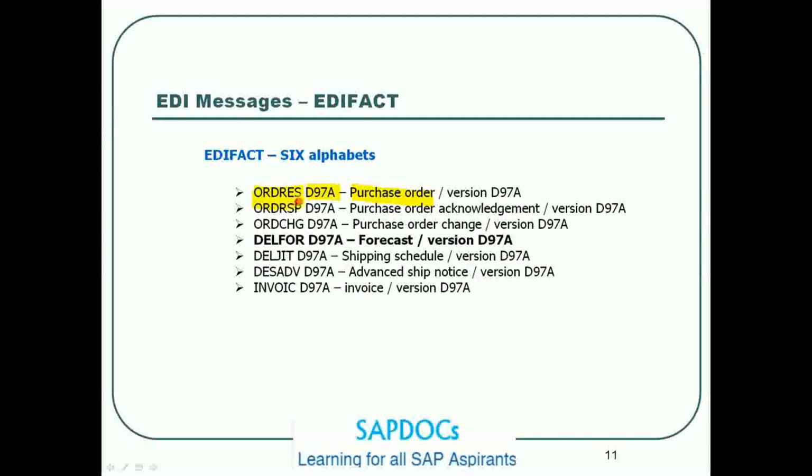Then you have order response, order change, DELFOR, which is the delivery forecast, same as 830 that I just looked at. Then you have DELJIT, which is 862, DESADV, advance ship notice, and DESADV, if you break that up, you can say dispatch advice. Same thing with DELFOR, delivery forecast. DELJIT, delivery just in time. So that's telling that this is a shipping schedule. Then we have INVOIC.